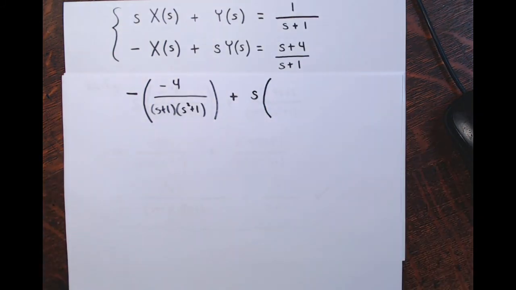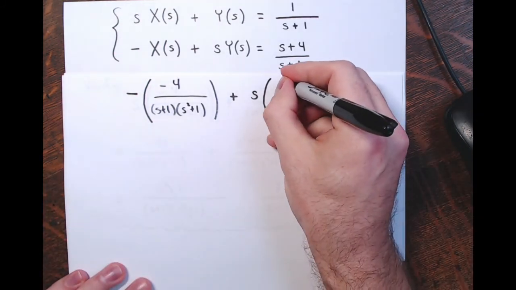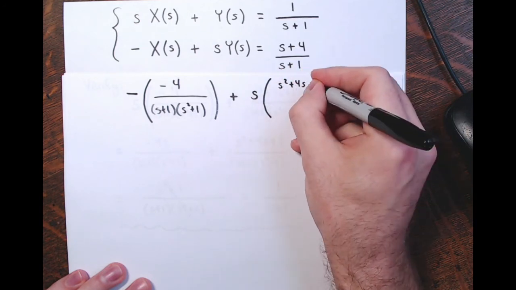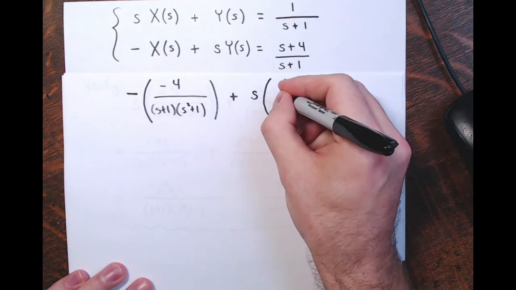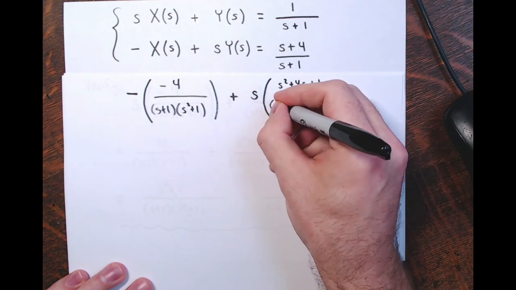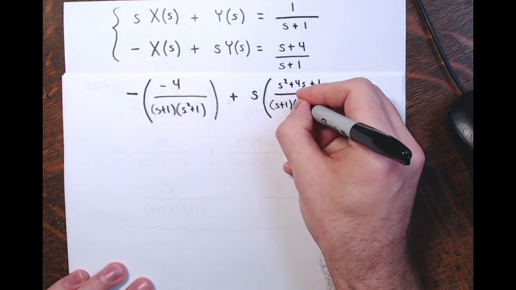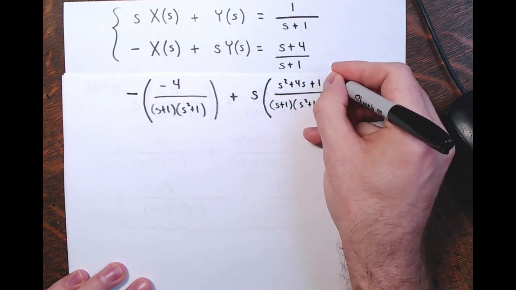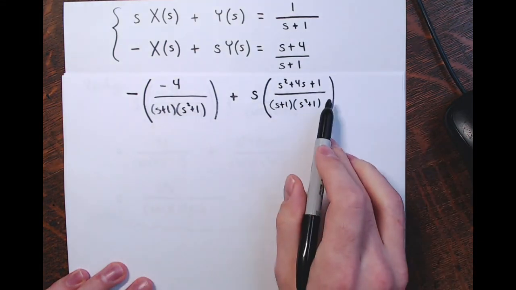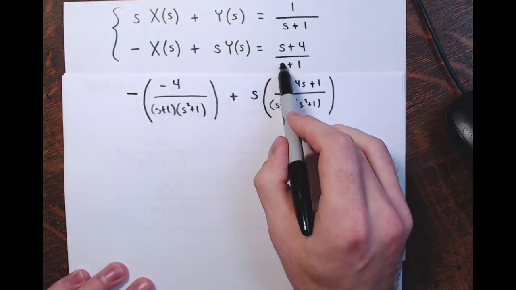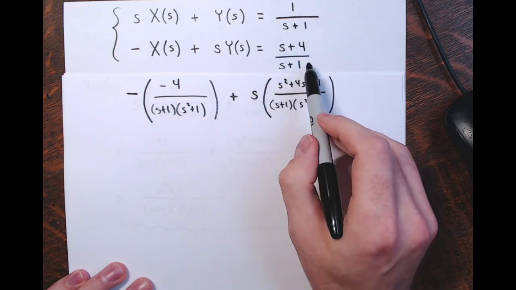Now the y of s we found was s squared plus 4s plus 1 divided by s plus 1 times s squared plus 1 again. Hopefully, when I'm done simplifying this, I end up with s plus 4 over s plus 1, the right side of this second equation.